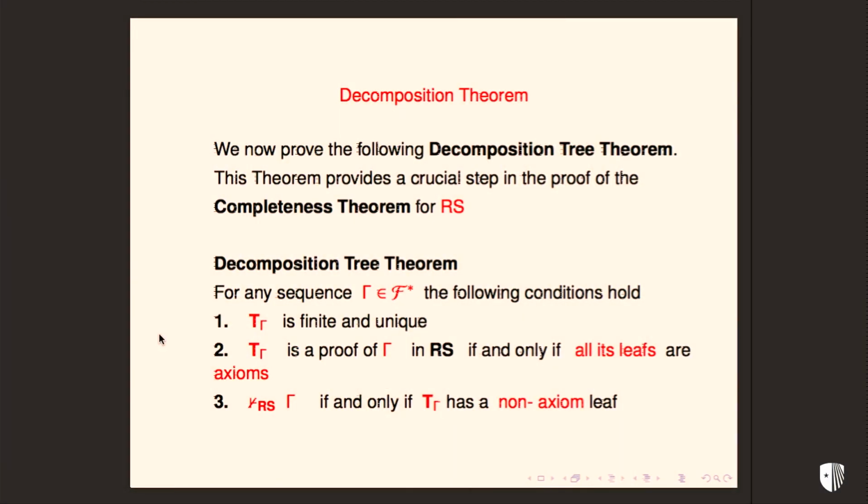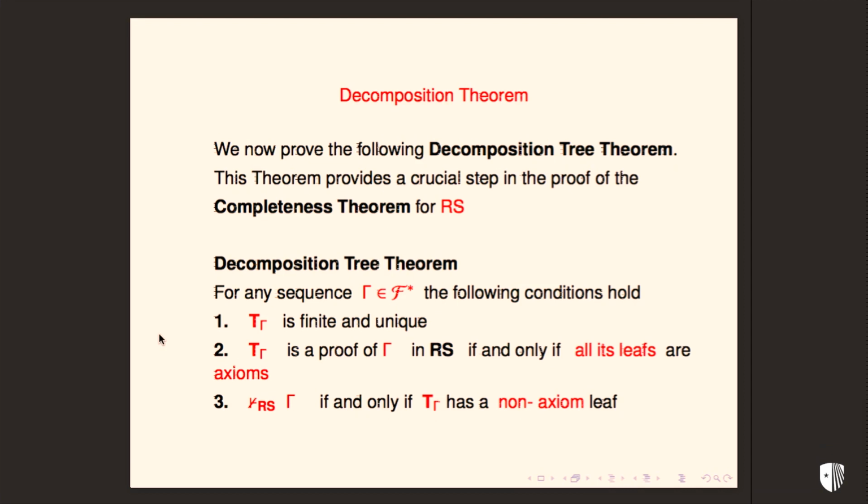And because it's unique, gamma has a proof if and only if all leaves are axioms. And gamma does not have a proof if and only if it has a non-axiom leaf. So that means it does not have a proof.